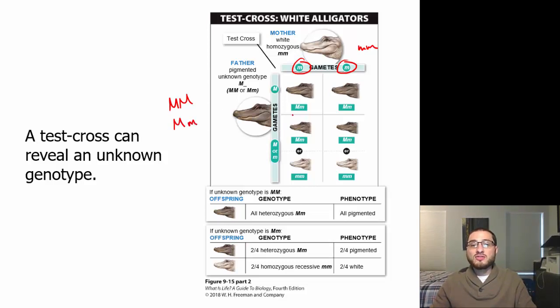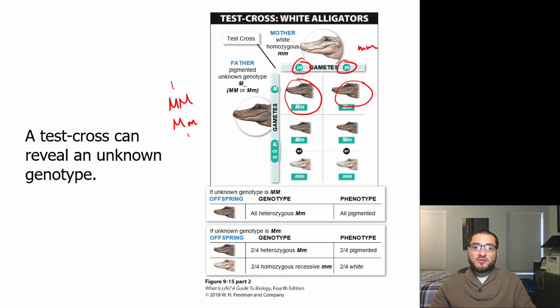So when we work this out, we would see that in this scenario, where the uppercase M that they definitely have is used, this alligator is going to have normal pigmentation, this one too.